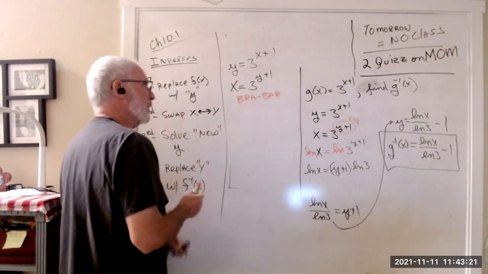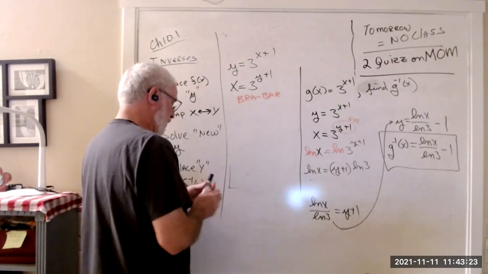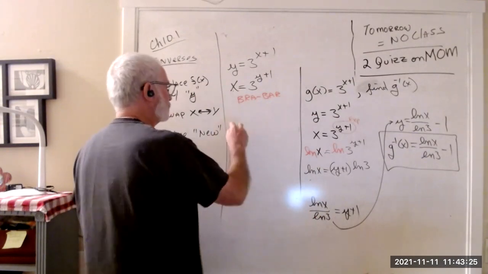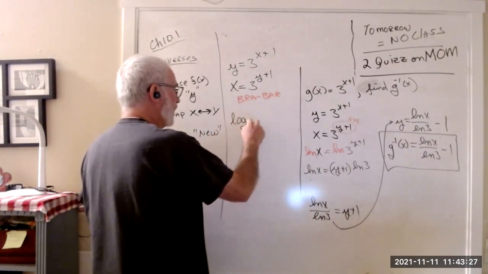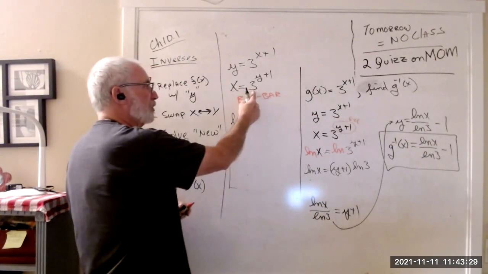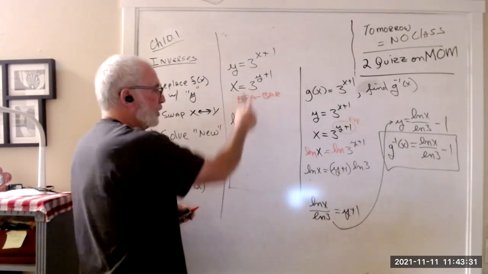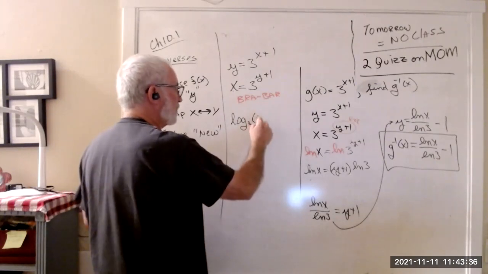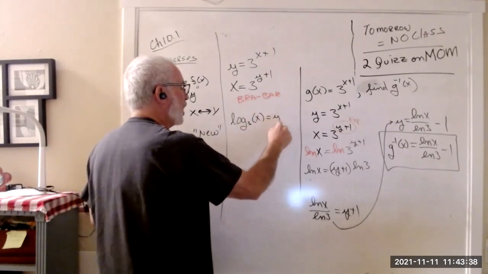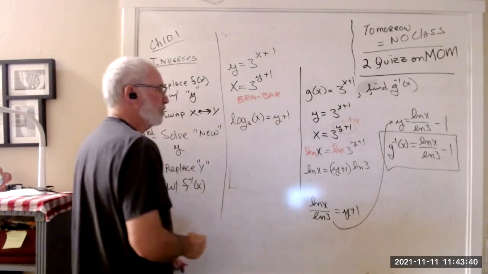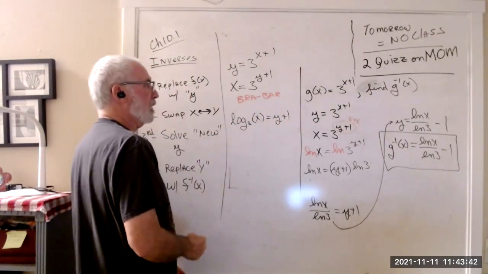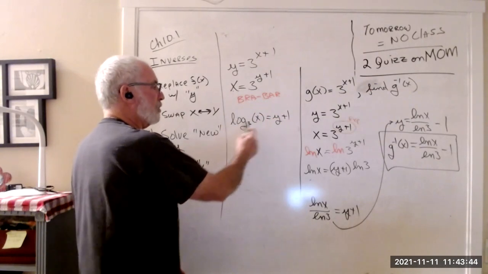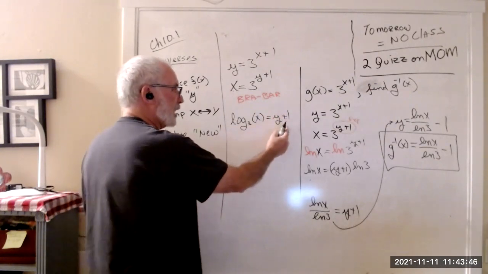Now, you probably aren't going to like this, but this is going to become log base 3, because remember the base of the exponent is the base of the logarithm, of x equals y plus 1. Okay, remember the logarithm equals the exponent.